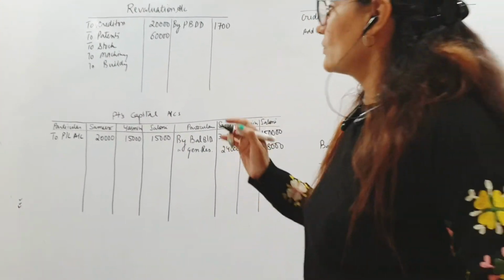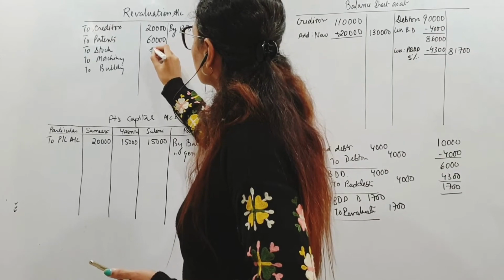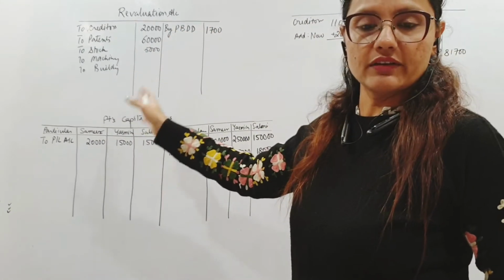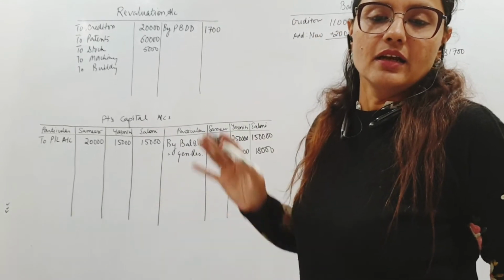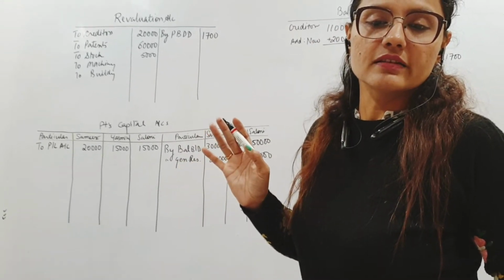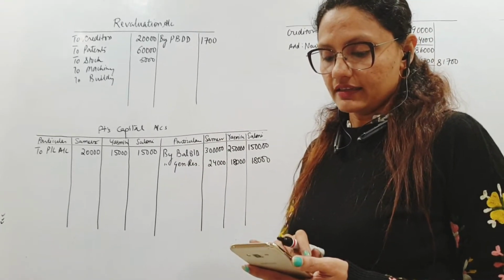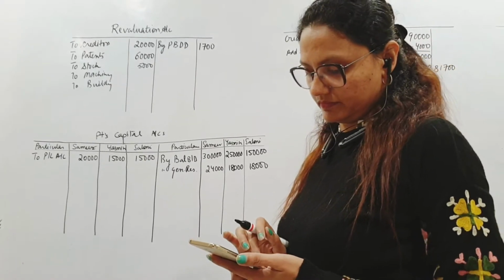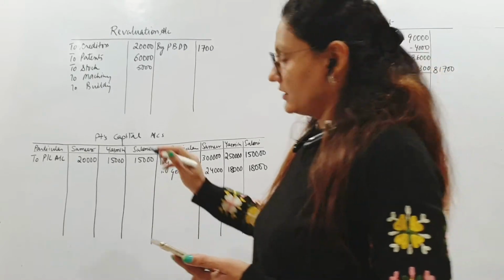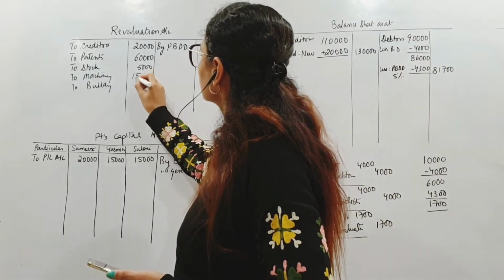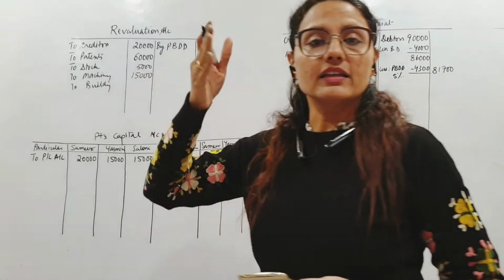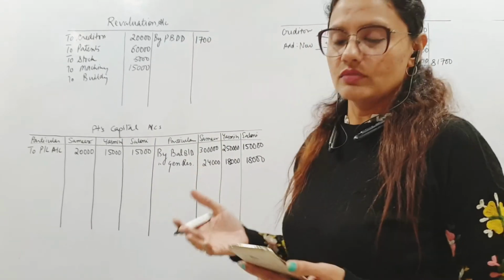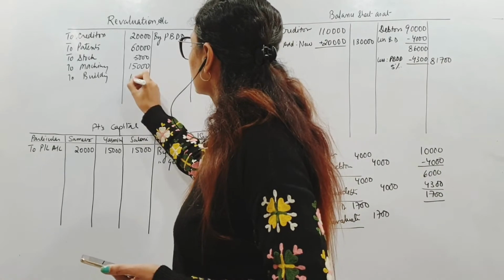Stock is 1 lakh. 1 lakh का 5%, 5,000. Alright? I'm just doing all the effect, one effect here, and then I'll subtract there. Machinery, I can see it's 3 lakhs. So 3 lakhs into 5%, 15,000. Machinery goes down by 15,000. Depreciate करना मतलब कम हो गया. Building 2 lakhs. 2 lakhs का 5%, 10,000.